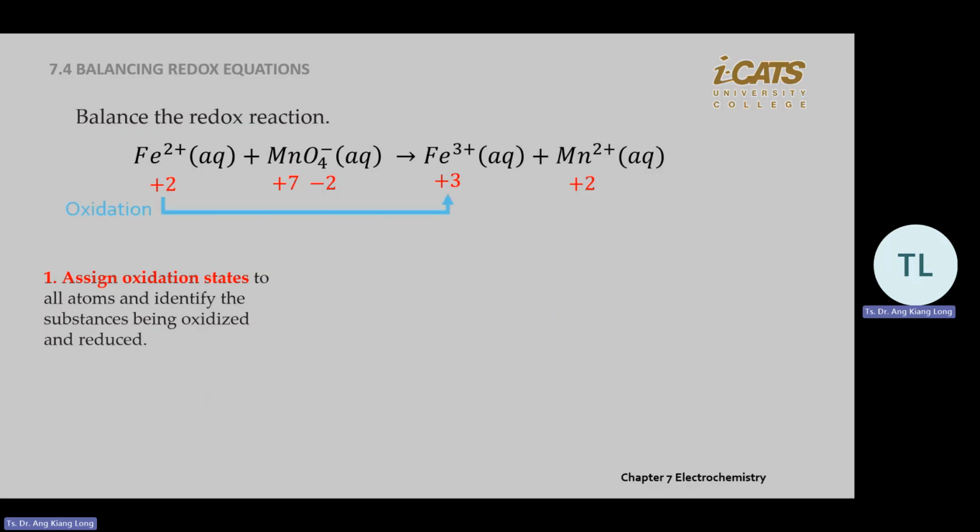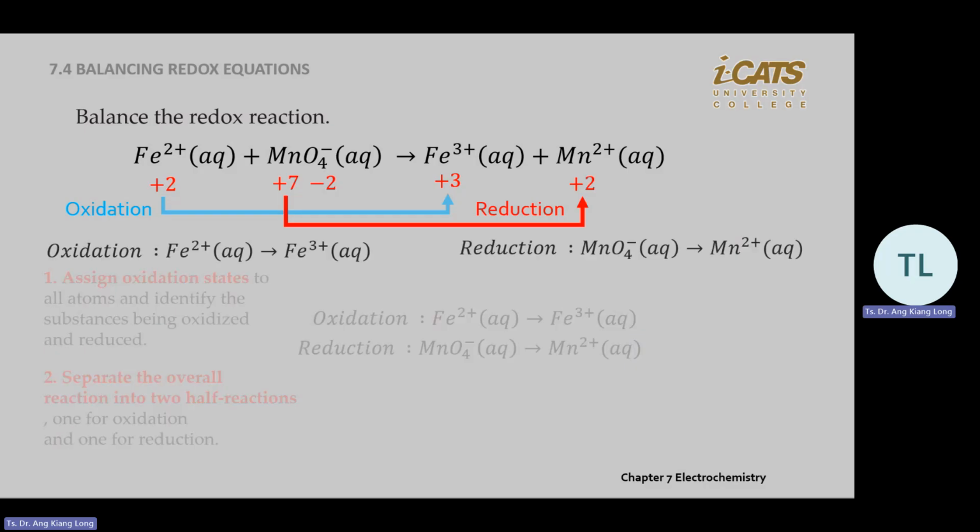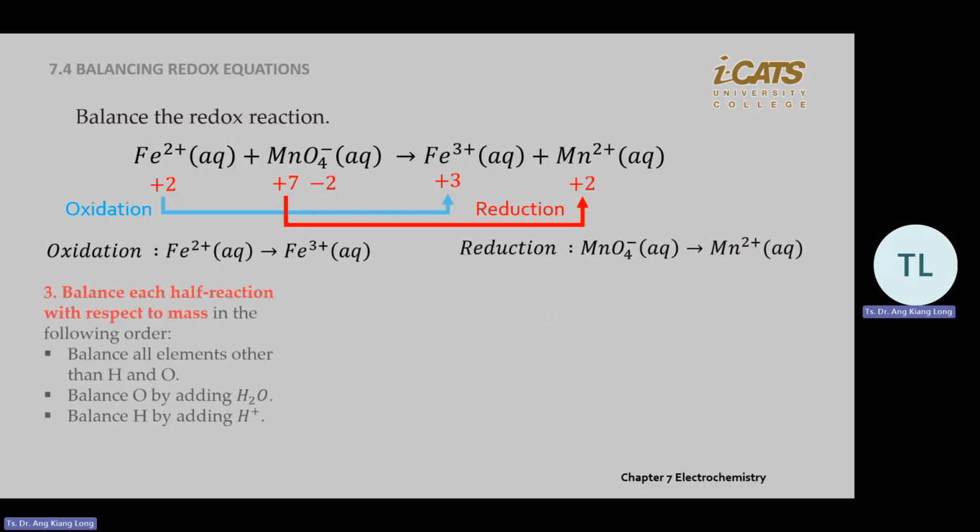So this will be the standard steps. You find the blue arrow, red arrow, write oxidation, write reduction. Then write the half equation. Okay. So step 3 will be the one that needs attention, which is not covered in my previous slides.